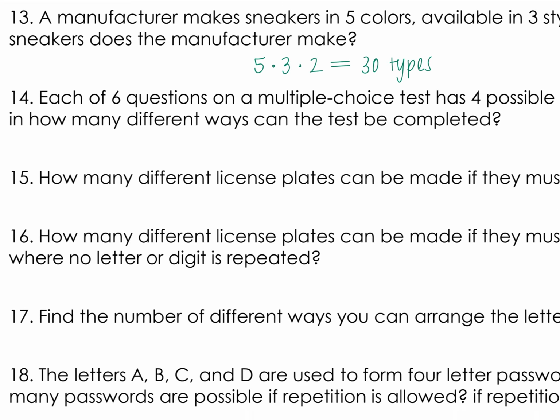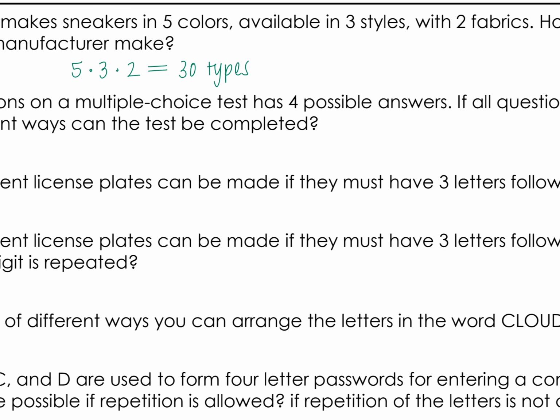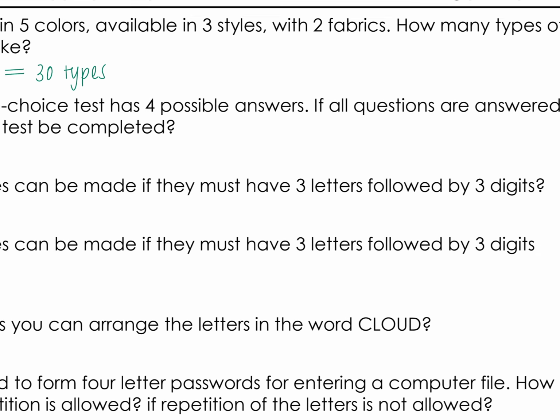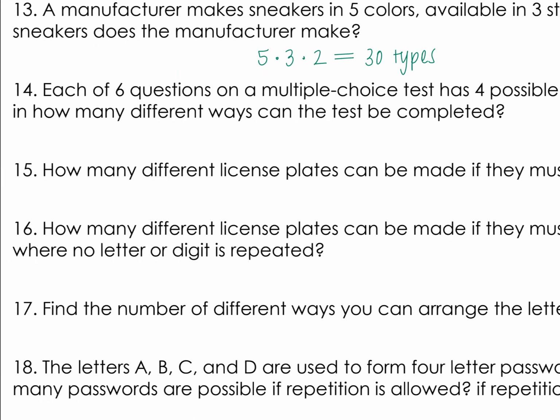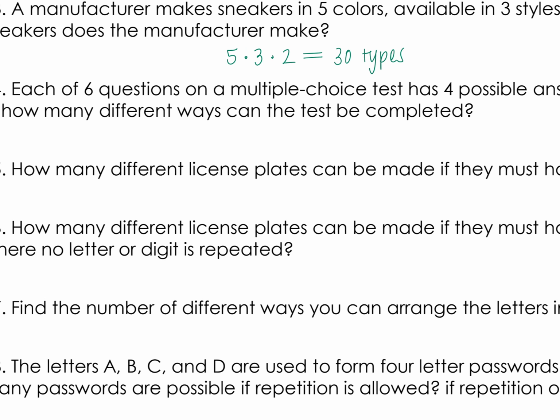Okay, moving into number 14. Each of 6 questions on a multiple choice test have 4 possible answers. If all questions are answered, in how many different ways can the test be completed?